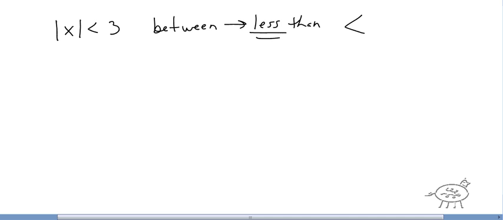So let's show how to set up this problem. Again, just like the OR problem, I'm going to show you exactly how to do it. If you do it any different way than this, you're going to get it wrong. So watch what I'm doing. This is the setup. You are going to take this x value, or whatever's inside of that absolute value, and that goes in the middle.